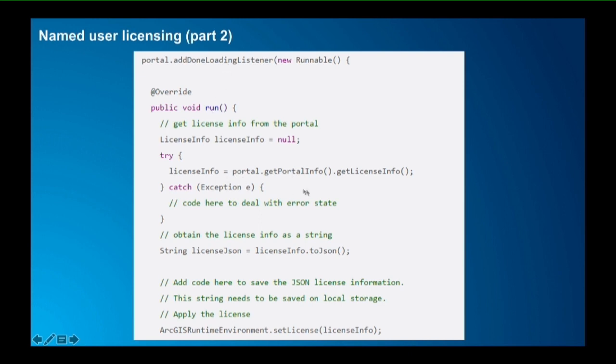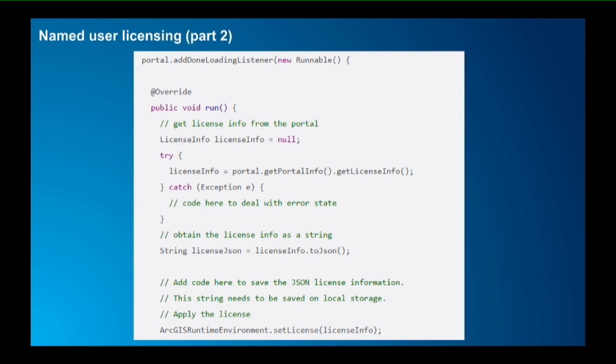I can then make use of the get license info method on the get portal info method on the portal class, and I get the license info class there. I can then turn that into a JSON string and then use that to unlock the application. So then you can start making use of your GIS functionality and you won't have a watermark in your application.